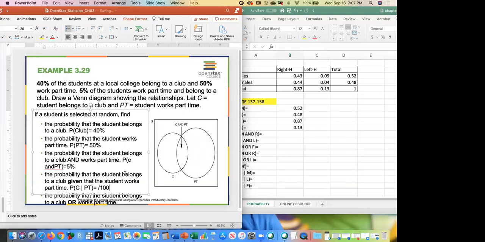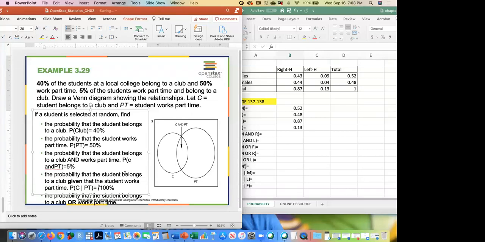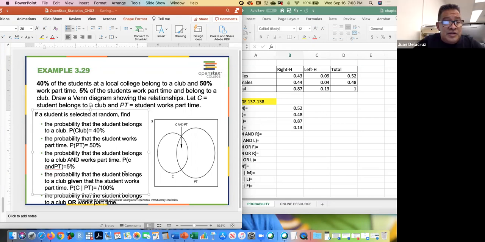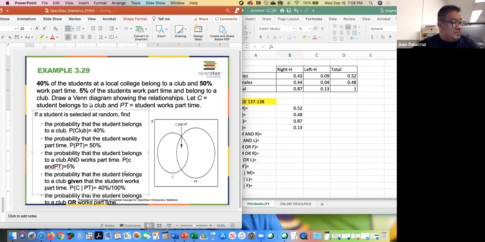And the probability for C on top. The probability of students who belong to a club, 40%? Is that what you mean? Yeah. But this is only the person who belongs to a club. But this is the person who belongs to a club given the fact that they work part-time.